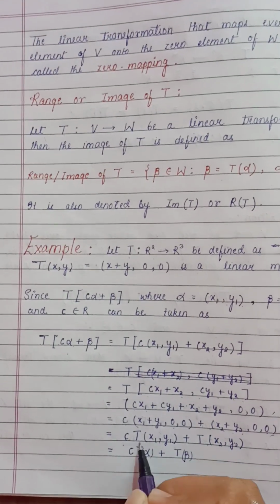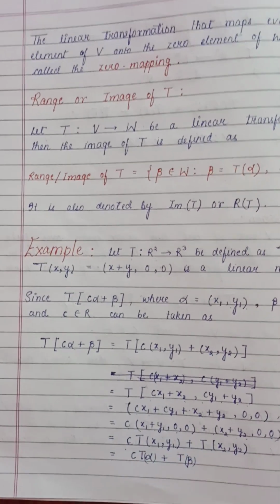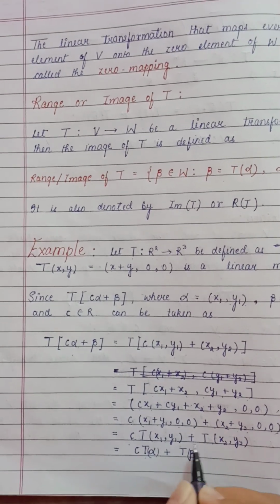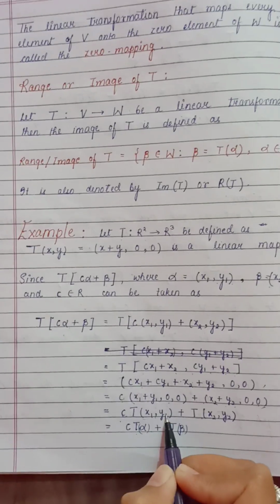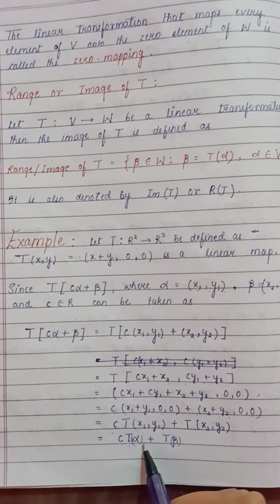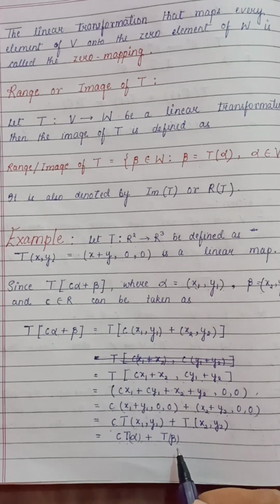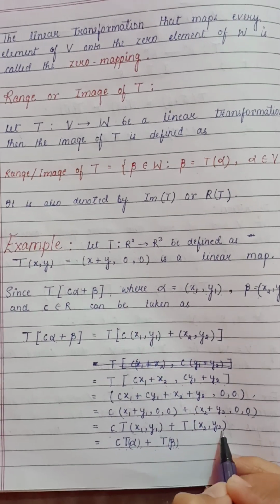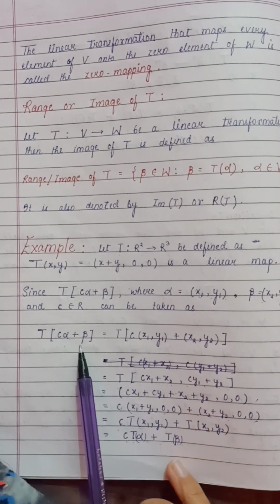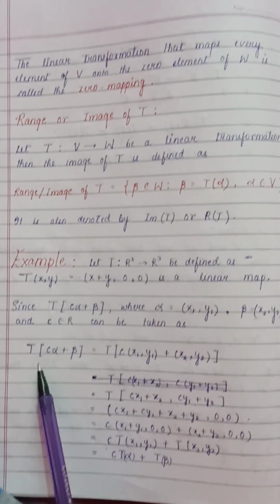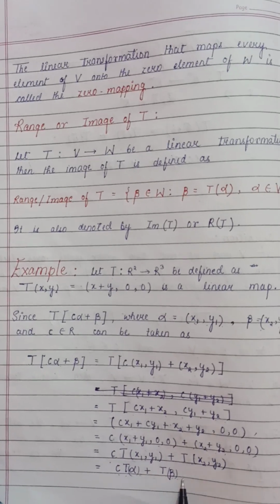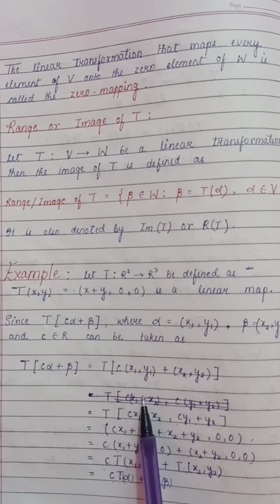At the end, since (x1, y1) is alpha and (x2, y2) is beta, we can write this as c T(alpha) plus T(beta). So we have proved the condition required for a function to be a linear transformation, and we can say that it is a linear transformation.